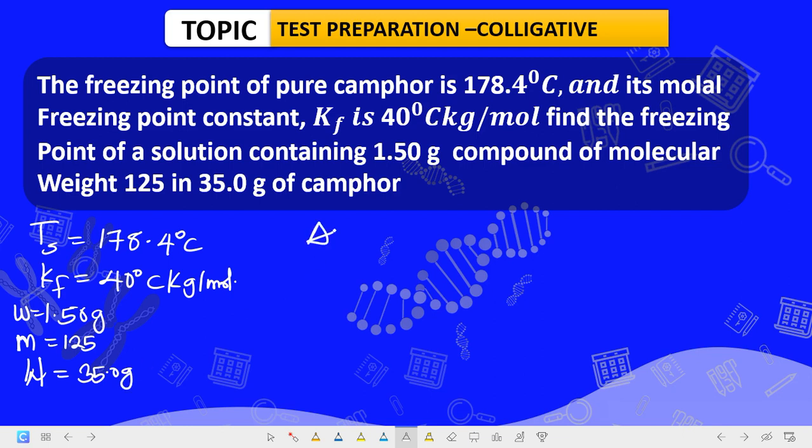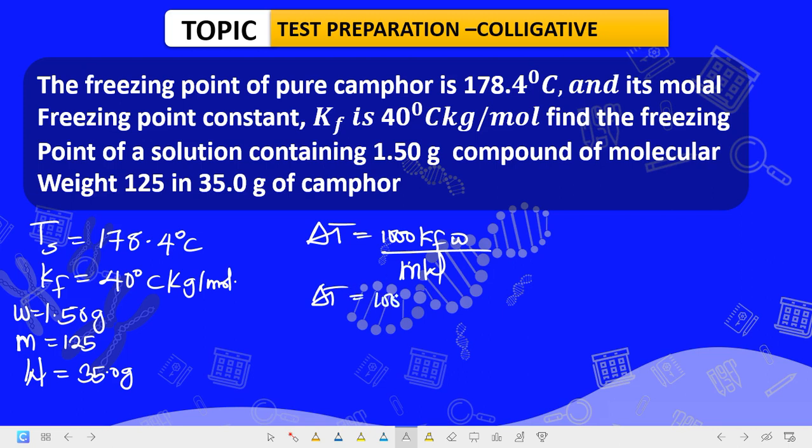What is the relationship? We say change in T is equal to 1000 Kf w all over small m times big W. What are we looking for? Find the freezing point. So let's look for change in T first.